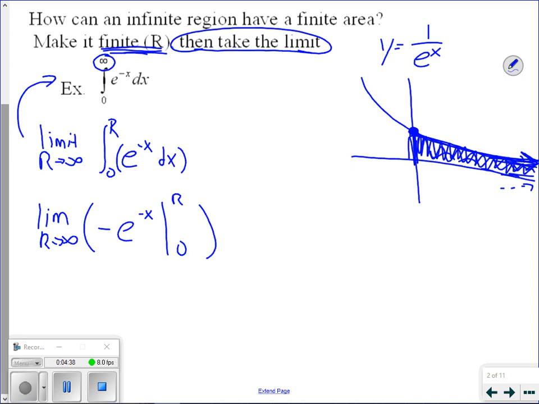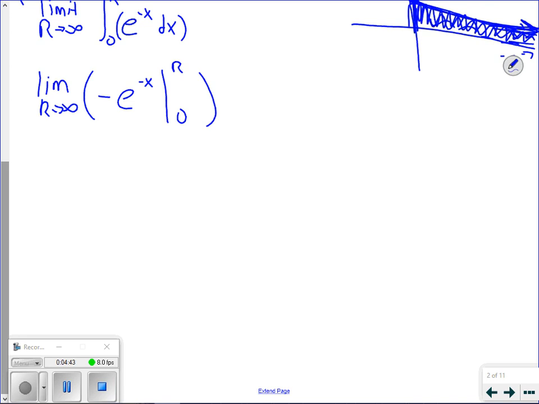So you do the integral, and at the very end, you're going to take the limit. So let's just keep going. That's the limit as r approaches infinity. It's going to be negative, so I'm going to plug r in for x, minus negative, which I guess will make it plus, e to the negative 0.